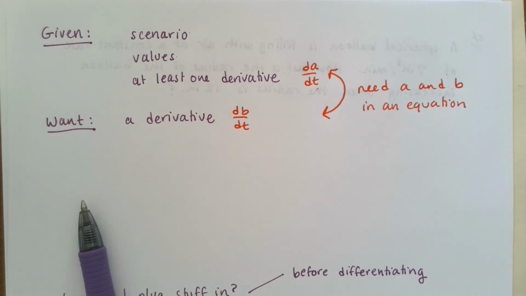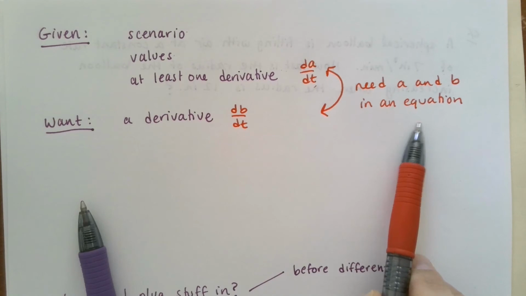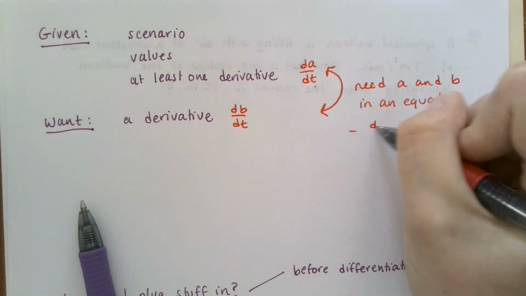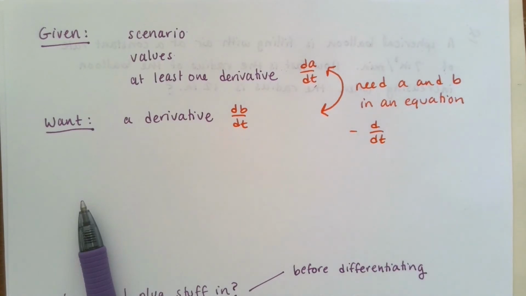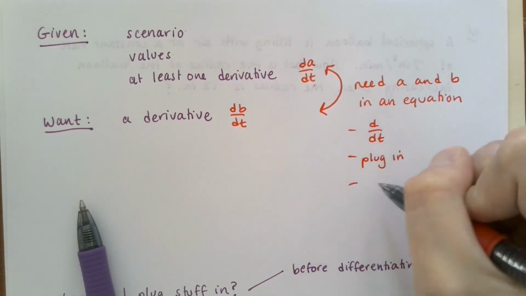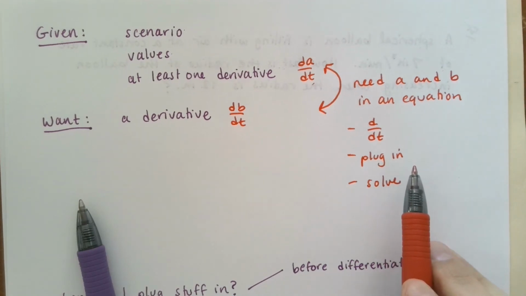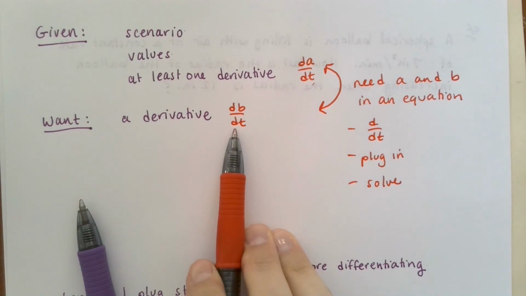They'll show up. Just worry about getting the variables themselves together, then take the derivative, d/dt, of that equation on both sides, then plug stuff in, and then algebraically solve for the derivative that you need. So in this plug-in step, you should have enough information to plug in for everything except for the derivative that you need.